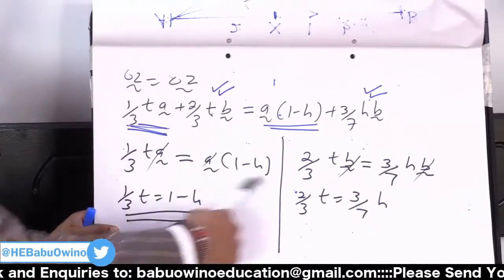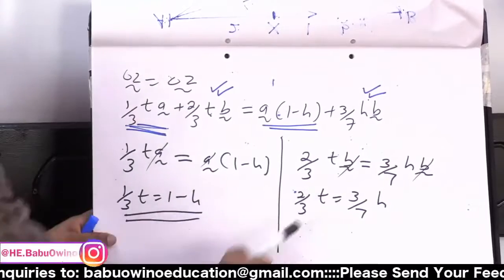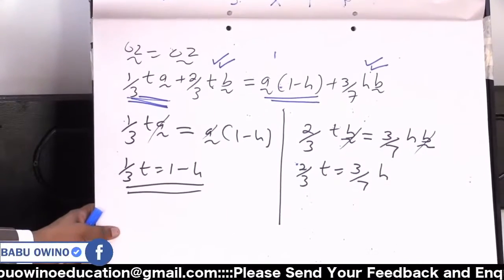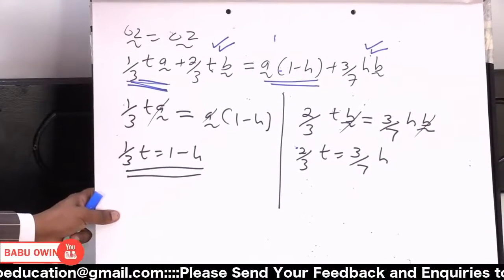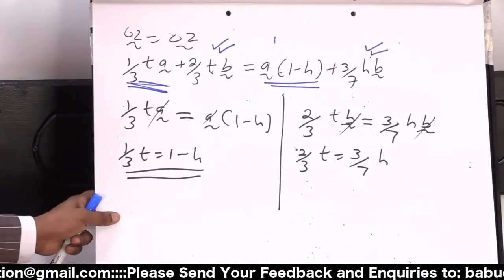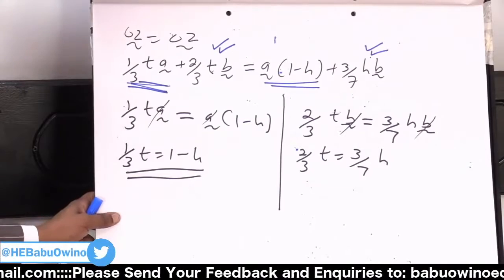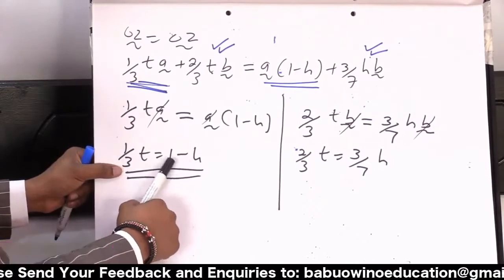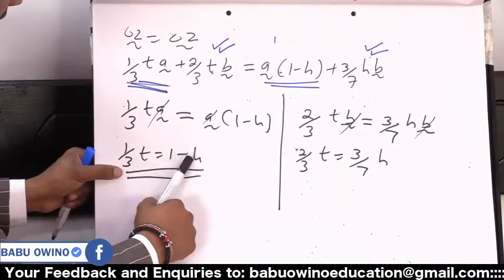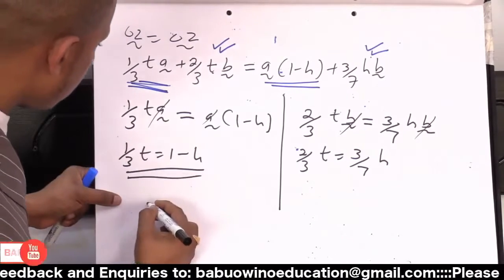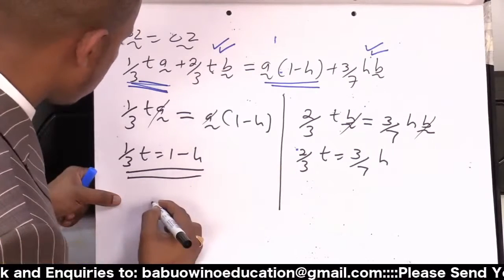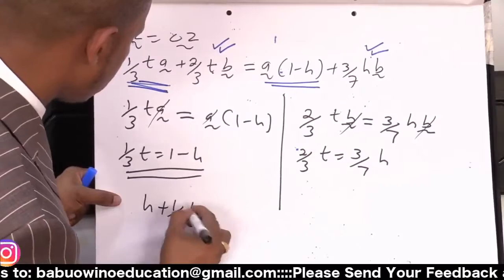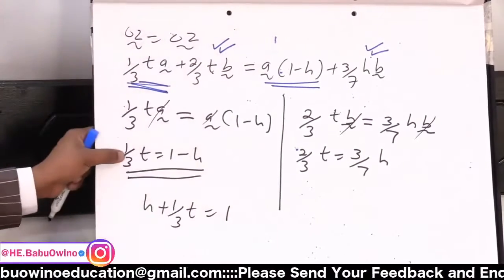So remember, we have two simultaneous equations. We have two equations, so we can use the elimination method to get the value of T and the value of H. So from here alone, we are right to say that H plus a third T equals 1.